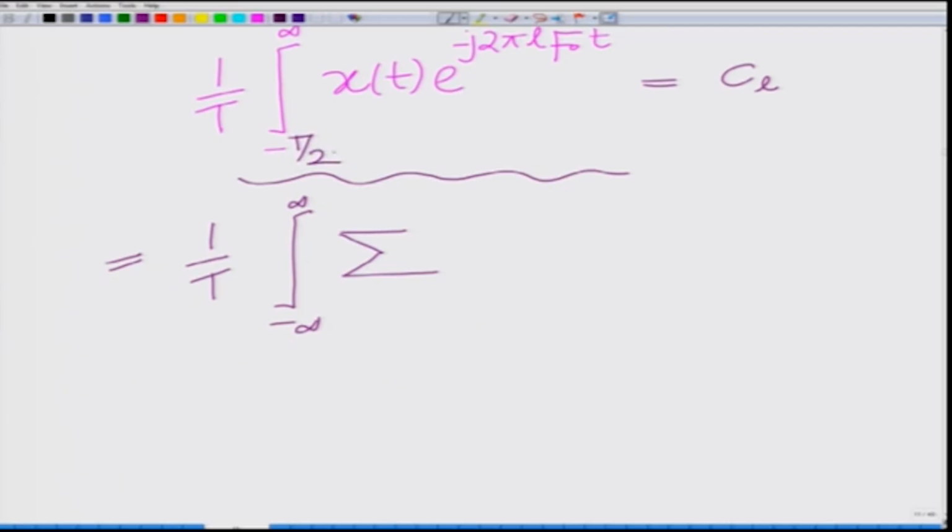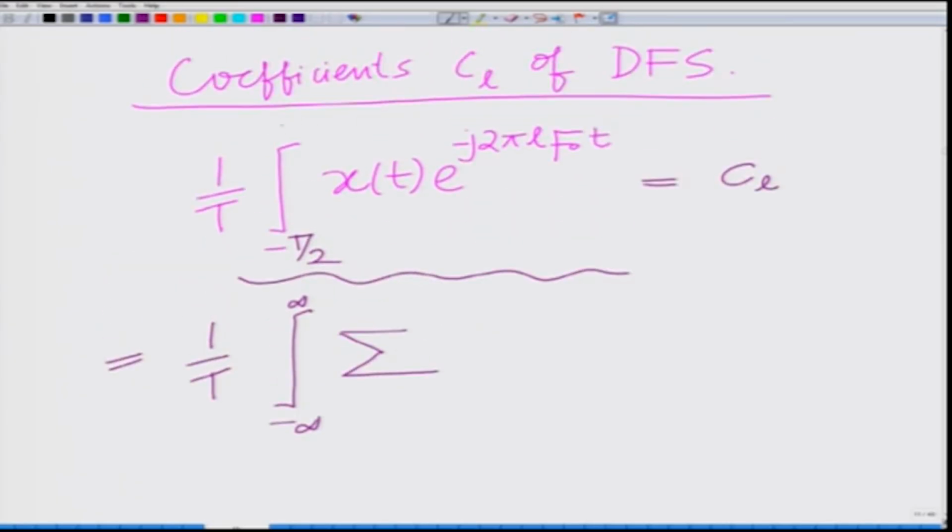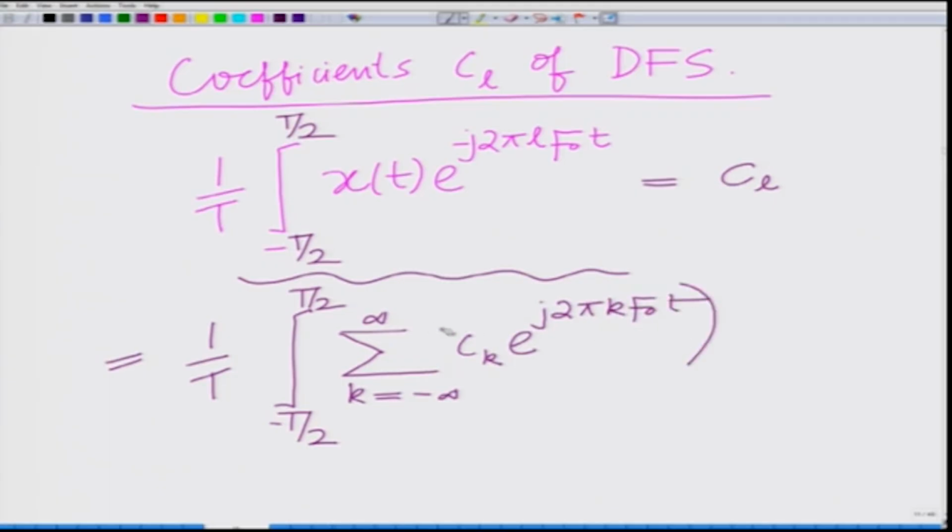So, that is from minus T over 2 to T over 2, of the summation k equal to minus infinity to infinity C k e to the power of j 2 pi k f naught t, correct, multiplied by e to the power of minus j 2 pi L f naught t, dt.